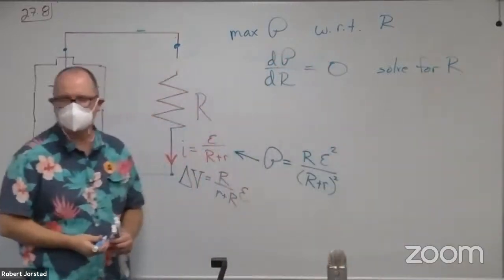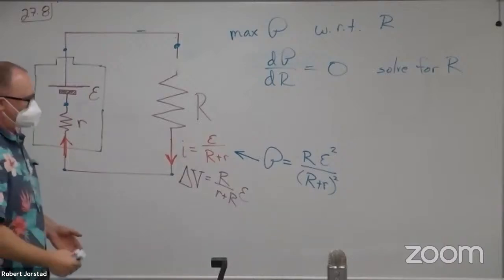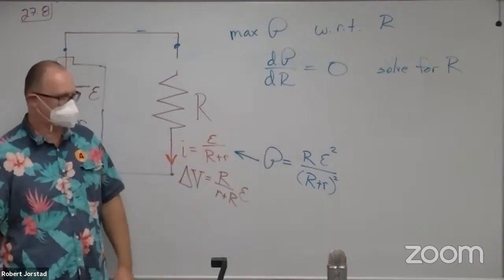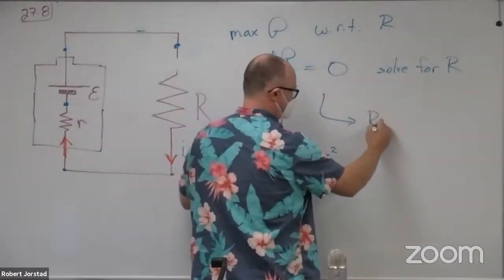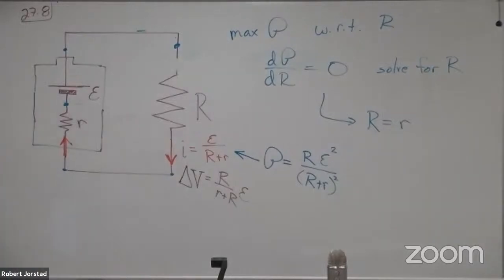Got it? So this is a variation on something I could do. So you get a power equation. It turns out the value you get when you do all the math is when R equals little r. The porridge is just right when these two happen to have identical resistance.